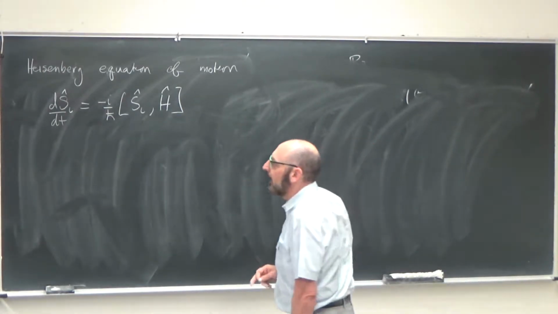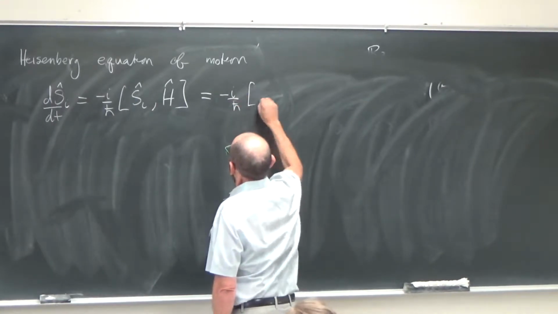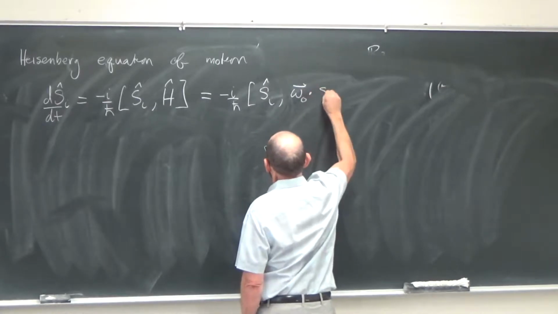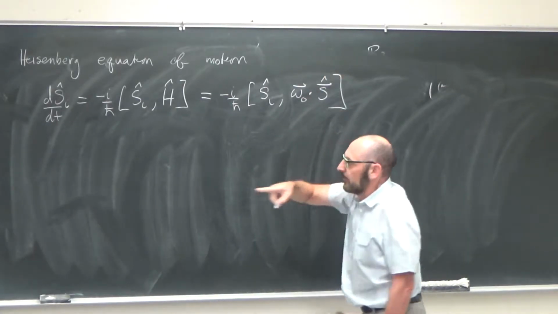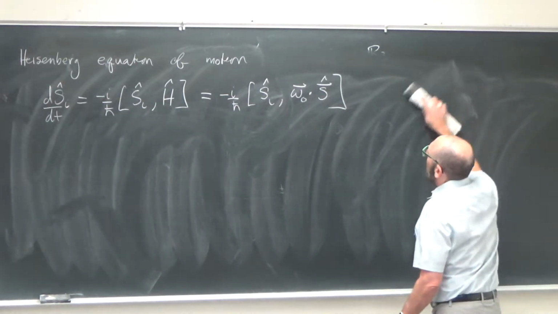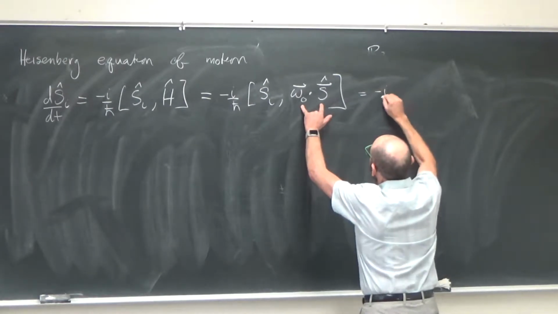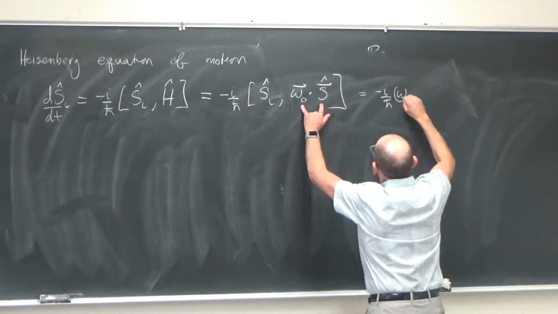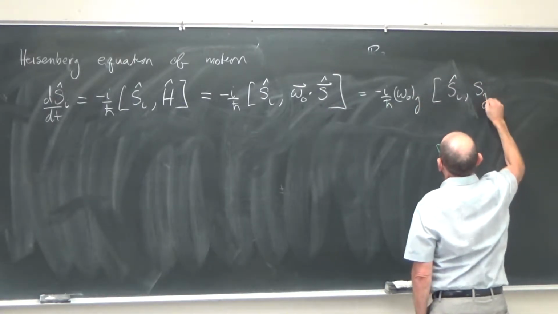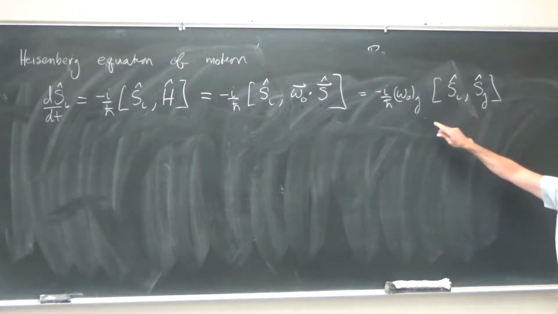So if I plug that in, that's that. And now if I write this in repeated index notation, this is the jth component of that, S_i, with the repeated index summation convention.